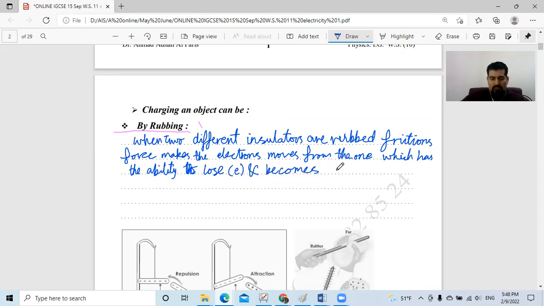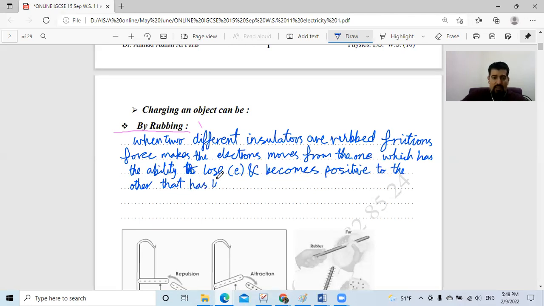Positive or negative? If it loses electrons, becomes what? Exactly, positive. Bravo. To the other one, that has the ability to what? To lose or to gain? Bravo.